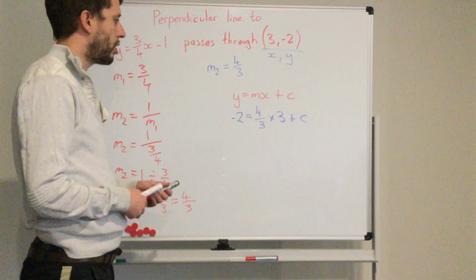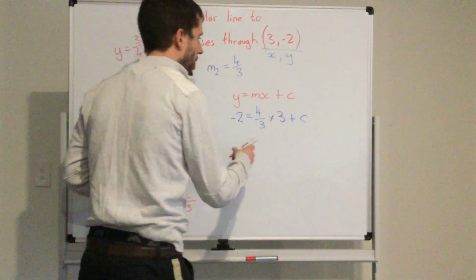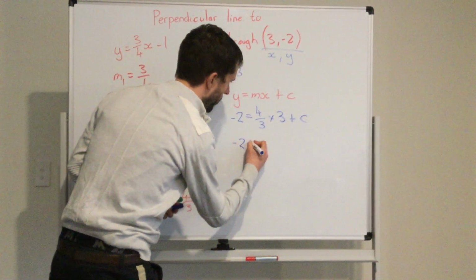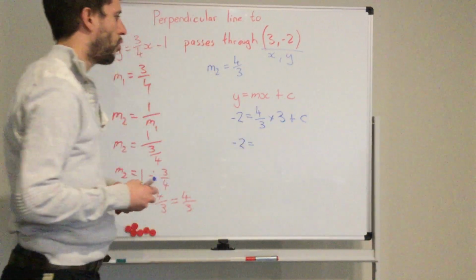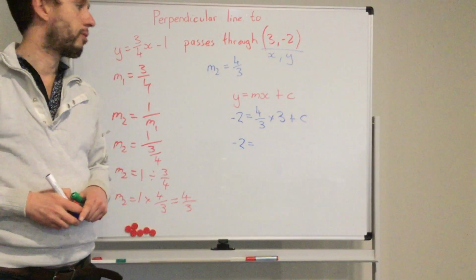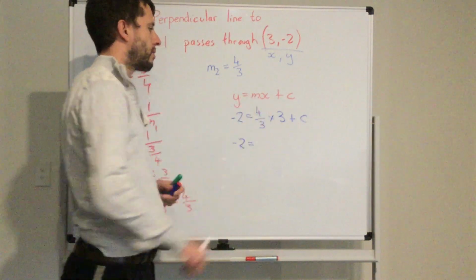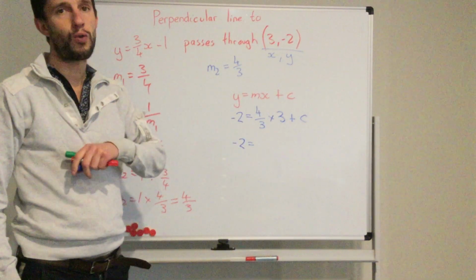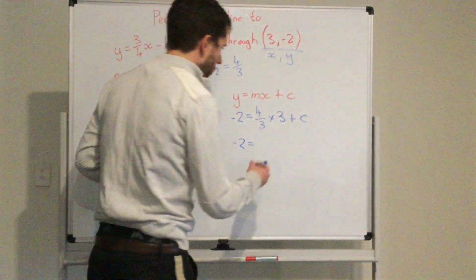The first thing I'm going to do is go negative 2 equals. If I've got 4 over 3 and I'm timesing it by 3, that's just saying 3 times 4 equals 12, and 12 divided by 3 is 4.